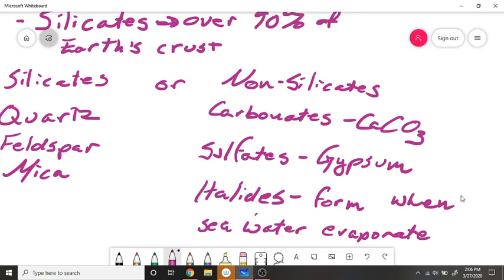And if you can see from the word halide, one of the compounds here are halogens. So elements like fluorine and other halogens in that column on the periodic table come together to make the halides.